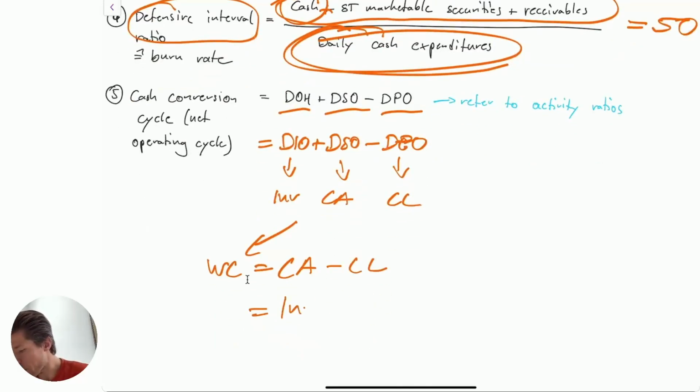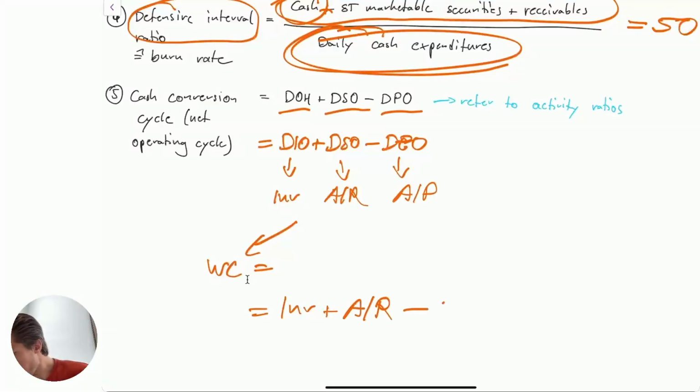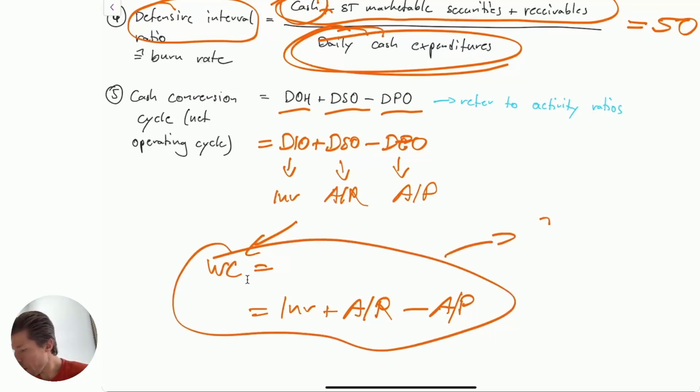And then we have inventory, accounts receivables, and accounts payables. And then we have inventory plus accounts receivables minus accounts payables. The difference is working capital is a number, a dollar figure, whereas your cash conversion cycle is measured in days.